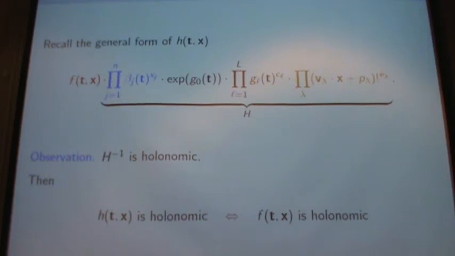And then by the closure property, because this is holonomic, if you multiply by its inverse, you cancel this part. Then the only remainder is a rational part. So H is holonomic if and only if the rational part is holonomic. This is by the closure property.